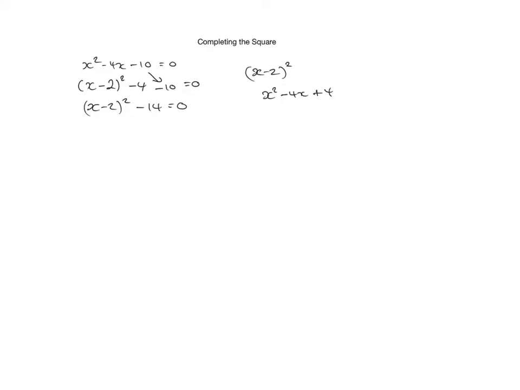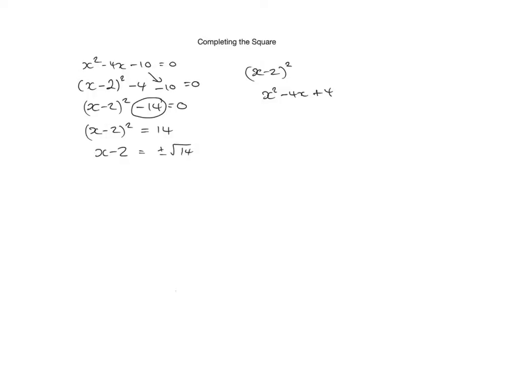Now we send this across the other side. So we have x minus 2 squared is equal to 14. Now we're trying to get x equals to something, so we have to get rid of this square here. In order to do that, we have to take the square root of both sides. So we get x minus 2 is equal to plus or minus root 14.